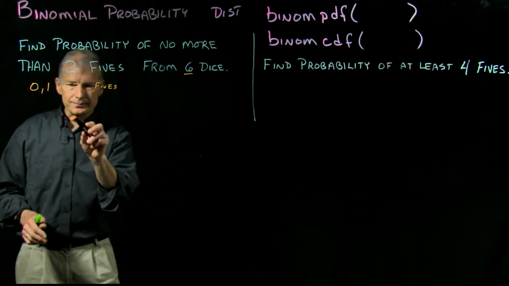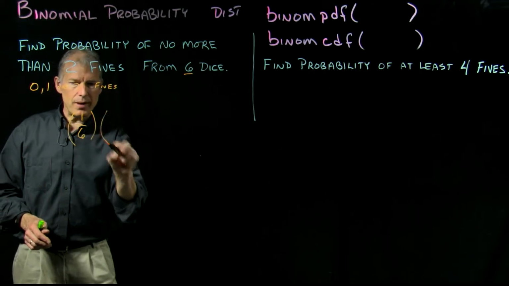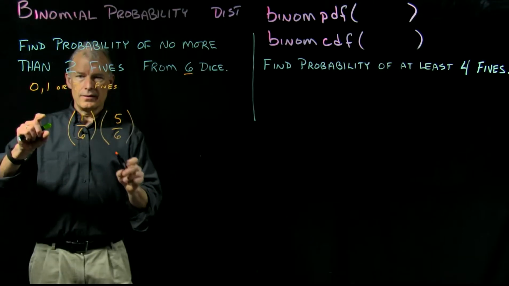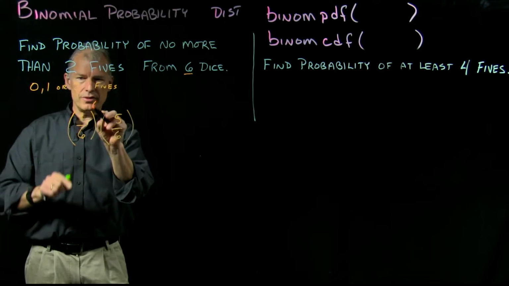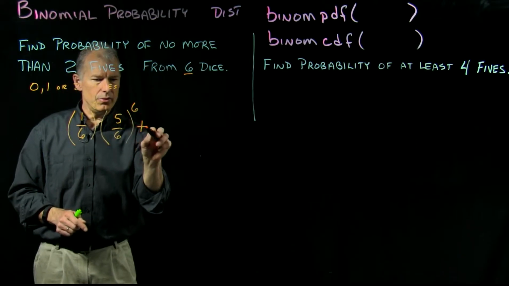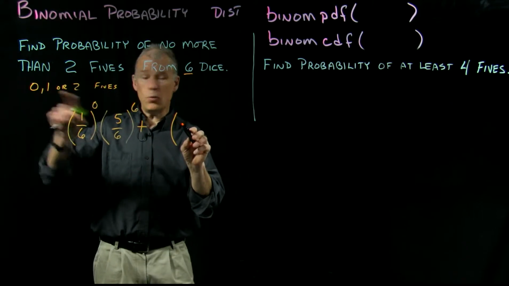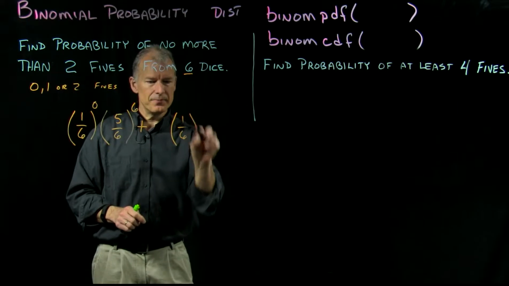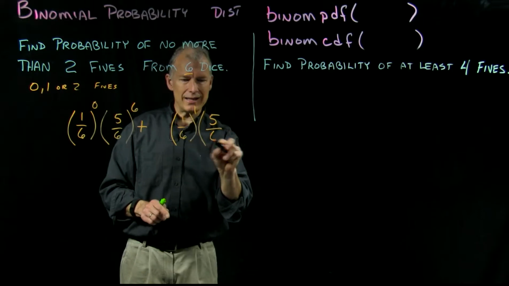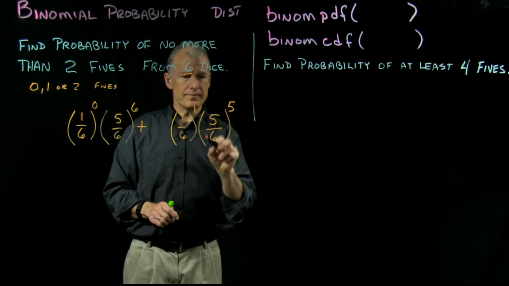Okay, so the probability of getting a 5 is 1 out of 6. The probability of not getting a 5 is 5 out of 6. So if we want 0 of them, we put 0, and we have 6 dice. I'm going to come back to the part in front of here. The probability of getting one 5 would be 1 out of 6 raised to the power of 1 times 5 out of 6, this is not getting a 5, raised to the power of 5.